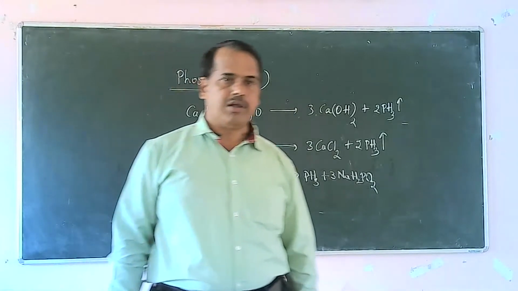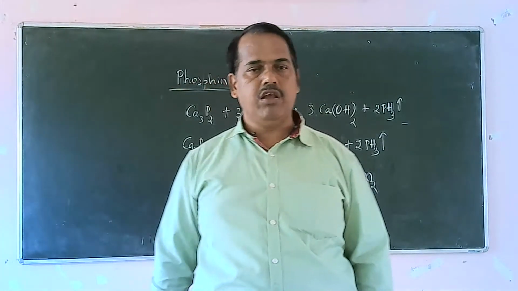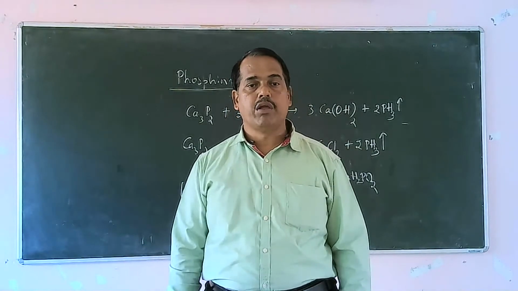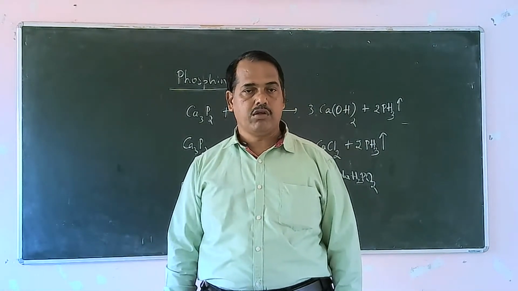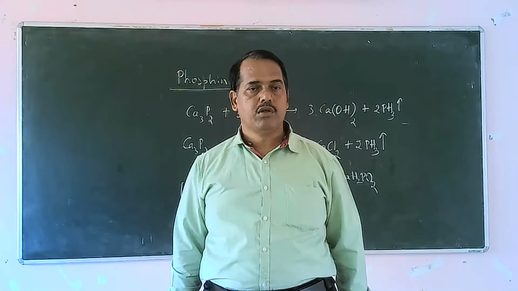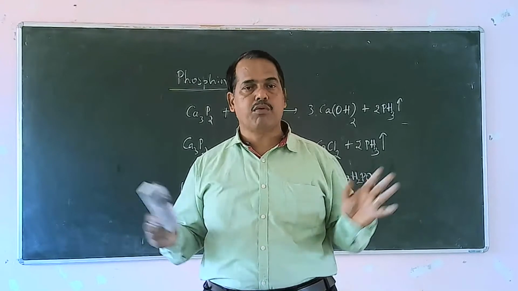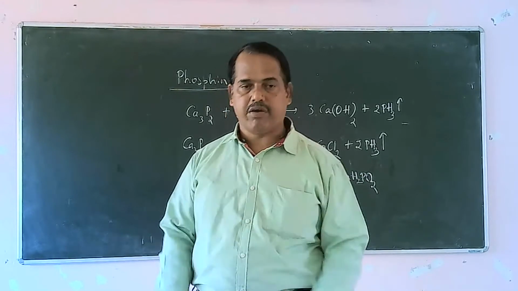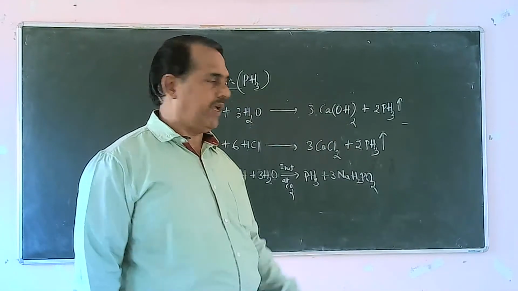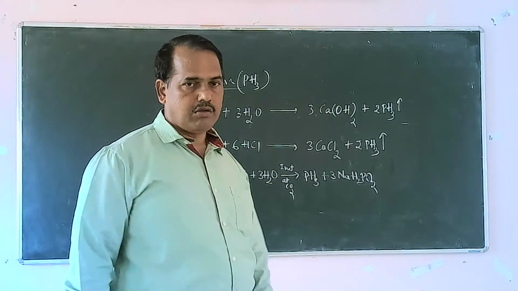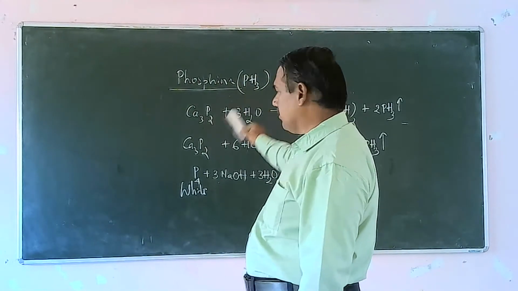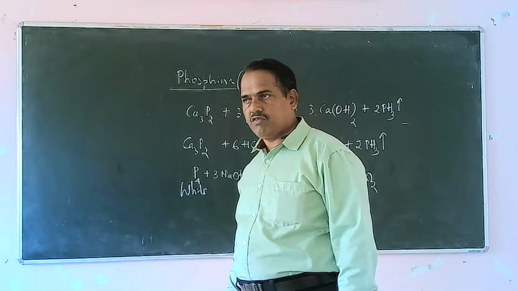Chemically it can easily oxidize, and it can even explode when oxidized by nitric acid, chlorine or bromine. It can easily catch fire in the presence of an oxidizing agent like nitric acid. So these are the important chemical properties of phosphine gas.